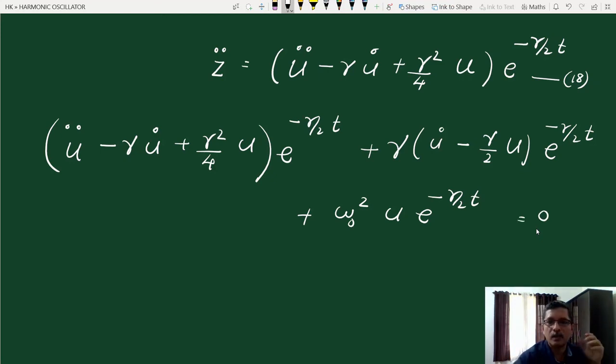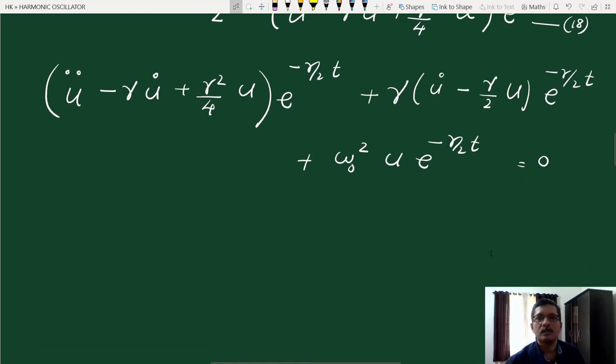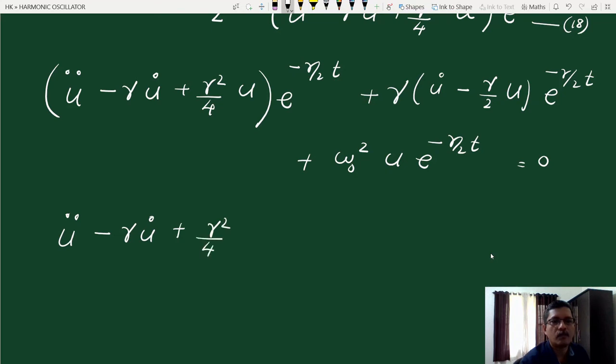Now we can factor out e raised to minus gamma by 2 into t. That we can take out. So what are the other terms? u double dot minus gamma u dot plus gamma square by 4 times u. Plus, in the second term, this gamma you have to multiply with the two terms in the bracket. So plus gamma times u dot minus gamma square by 2 times u, plus omega 0 square.